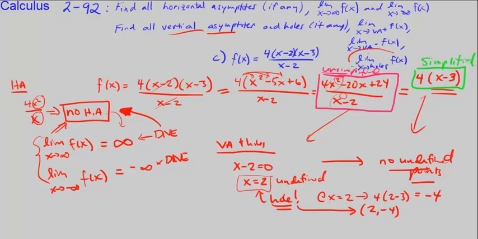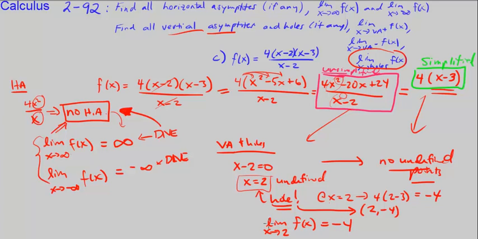Let's look at our limit as x approaches our hole. The limit as x approaches 2 of our function is what we get when we plug 2 into our simplified function, which is negative 4.